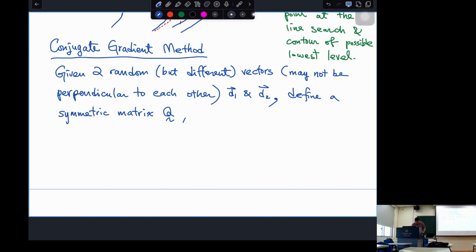And D1 and D2 are said to be, here is a very important term, Q orthogonal.